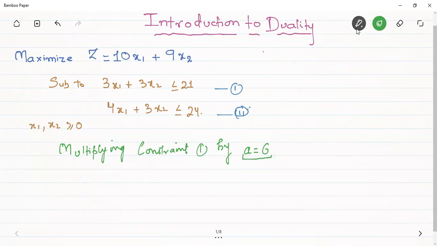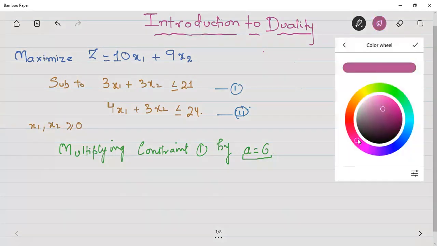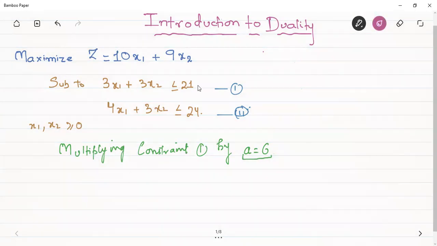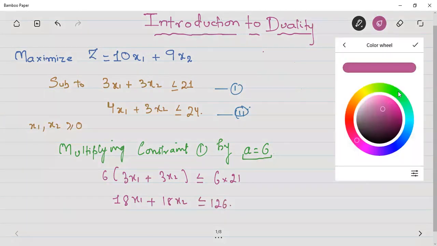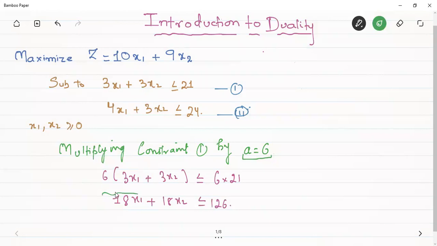After multiplying this constraint by 6, I get 6 into (3x1 + 3x2), which is less or equal to, obviously I have to multiply both sides, 6 into 21. We get 18x1 + 18x2 ≤ 126. So this is the inequality which I am going to obtain.